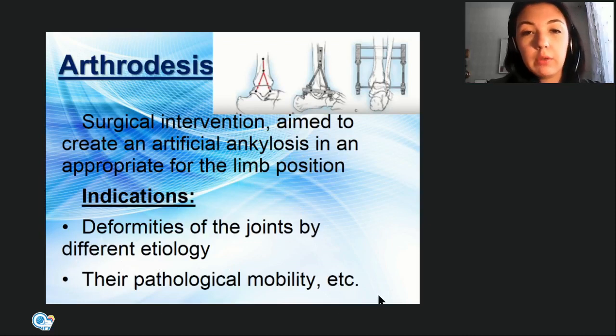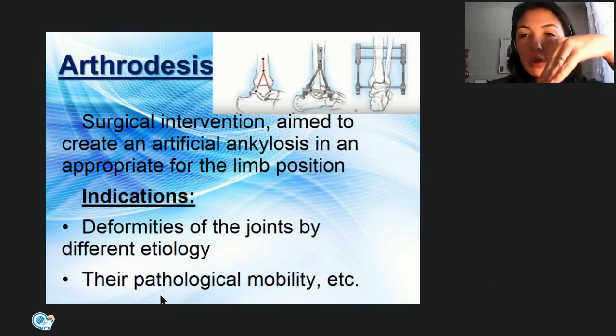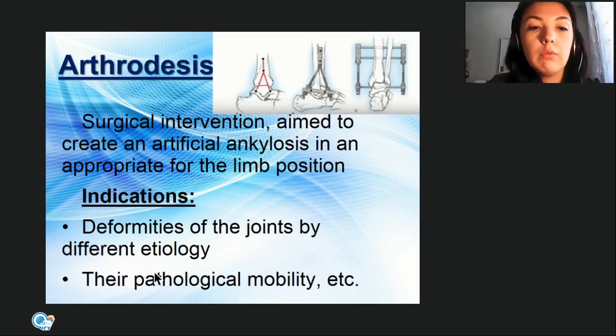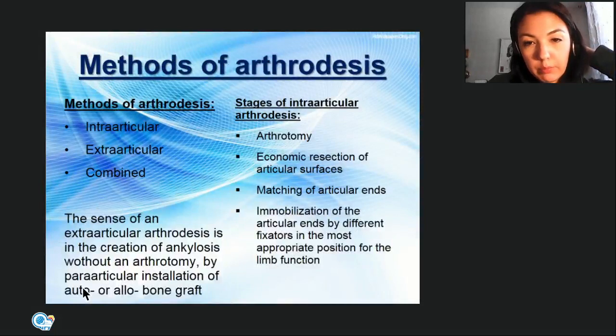Like we discussed at the previous lecture, in case, for example, of the paralysis of the deep fibular nerve, if we can do nothing, the symptom of its injury is drop foot, and it is quite uncomfortable for the person to walk when the foot is always dropped. That's why we perform arthrodesis. We flex the foot in the talocrural joint and we fix it in this position.